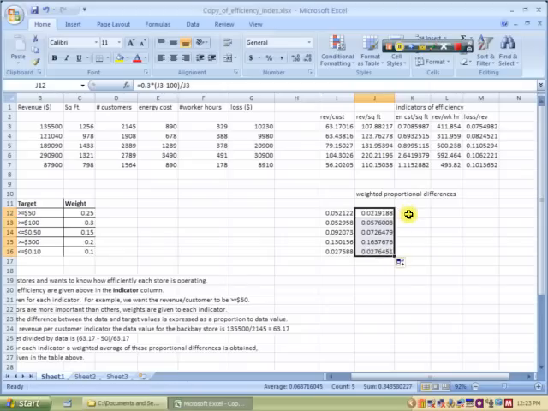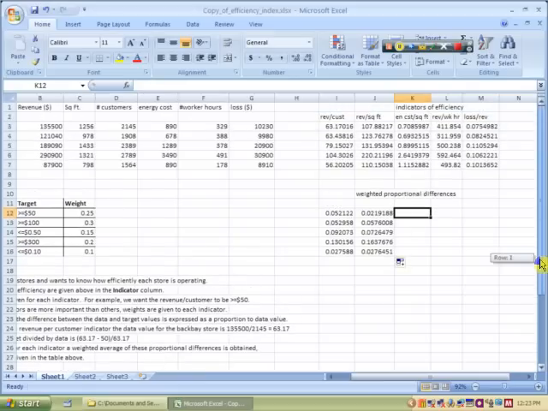Now the next one, we want to make sure that that's not minus if they're operating under their targets. So we're going to have to change that around, as it says here. For the energy cost per square foot, we're going to weight that 15%, so 0.15 times.